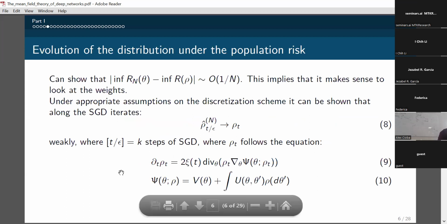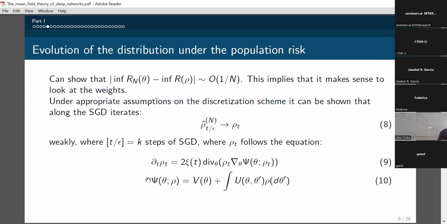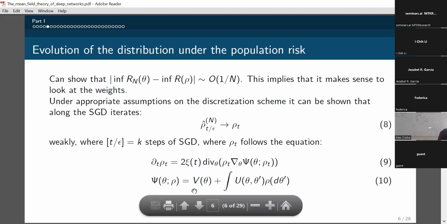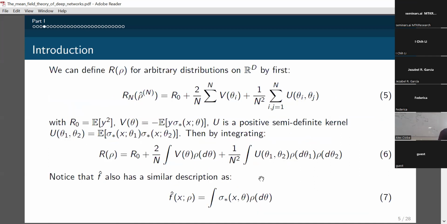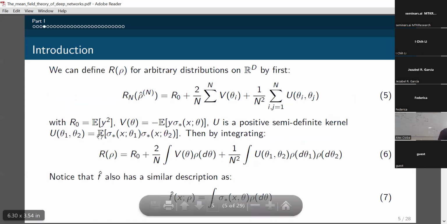So you can see what psi is here. It's this V potential, which doesn't depend on rho, and the integral of this U kernel. The U is given by this.